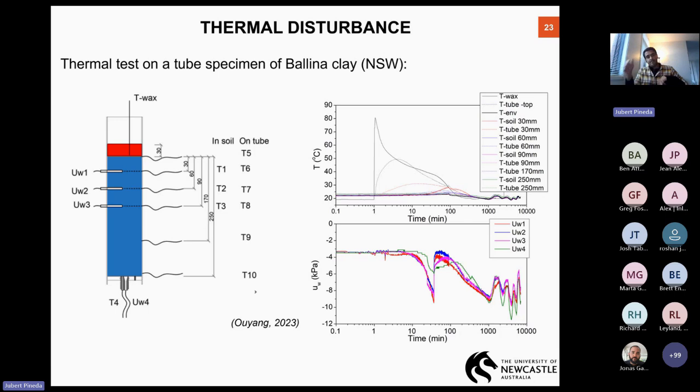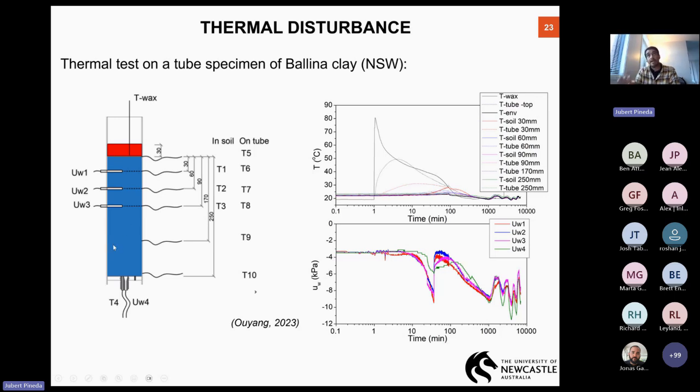So the wax is pulling up because of the concave shape of the cake in the contact, trying to pull up the water or the sample, but the sample is so rigid that it doesn't move. So this induces some water movement or suction developed all around the sample.